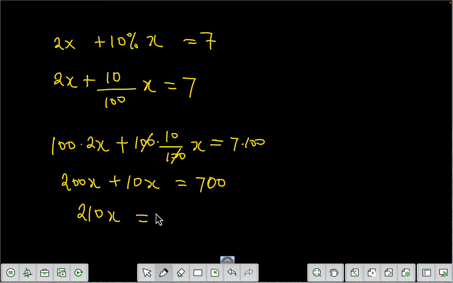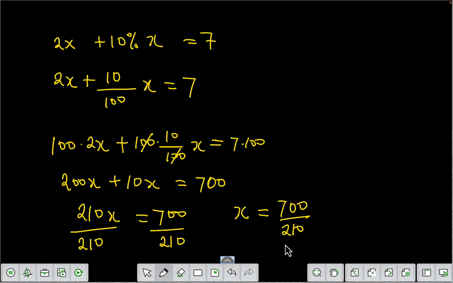So this is going to give us 210x equals 700. Let's do division property of equality. Divide both sides by 210. X would therefore be equal to 700 over 210, right? So this cancels that. You have 70 over 21.